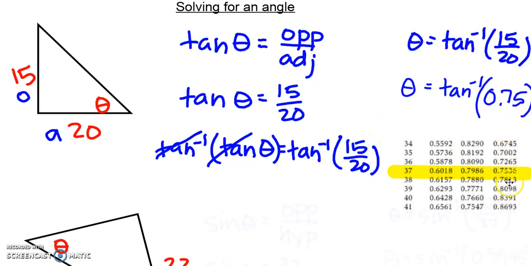In the third column is tangent, and what I've found to be closest to 0.75 is 0.7536. Then we look over at the angle that goes with that, and our angle is 37. So our final answer here is theta equals 37 degrees.